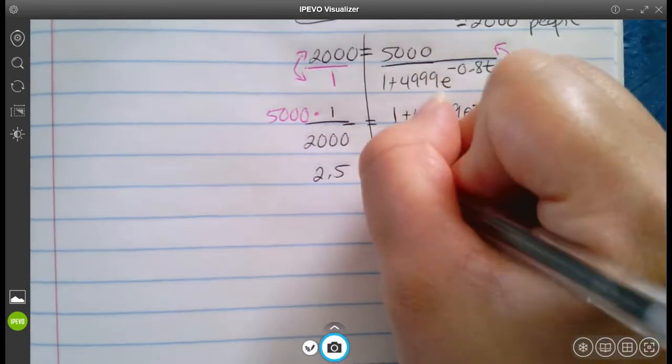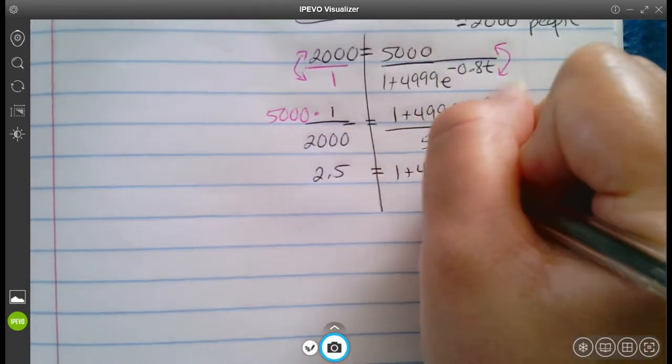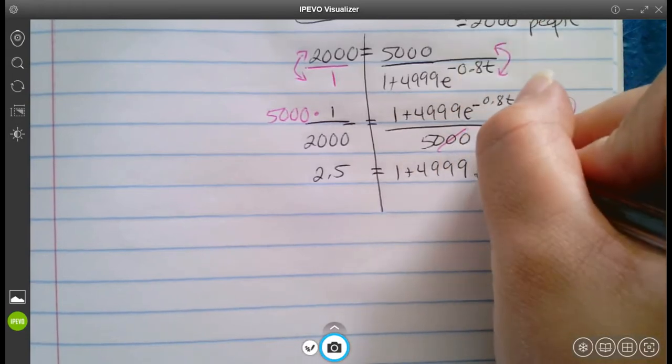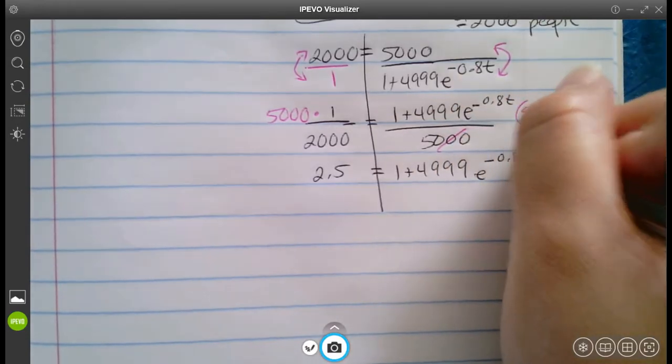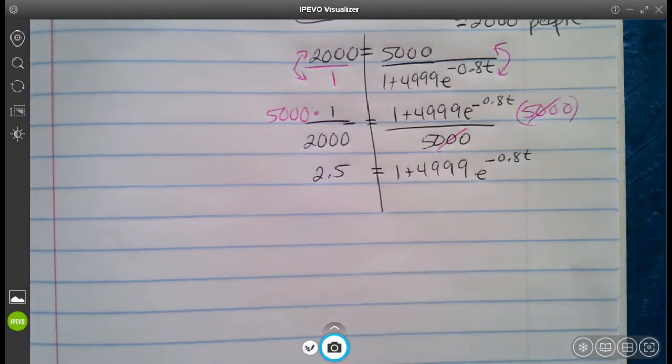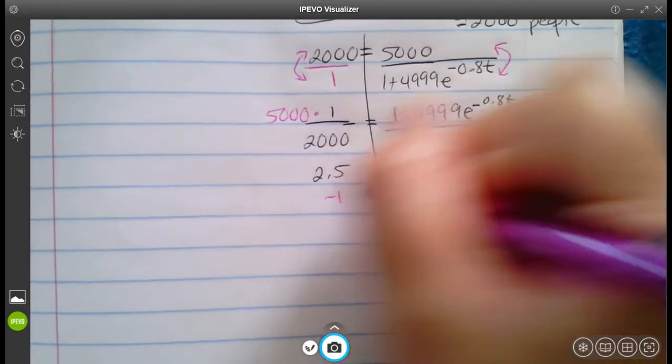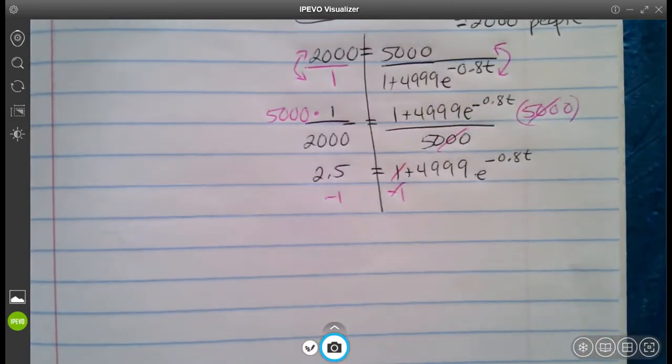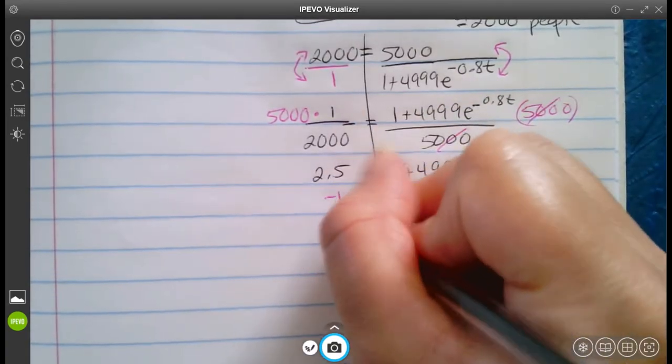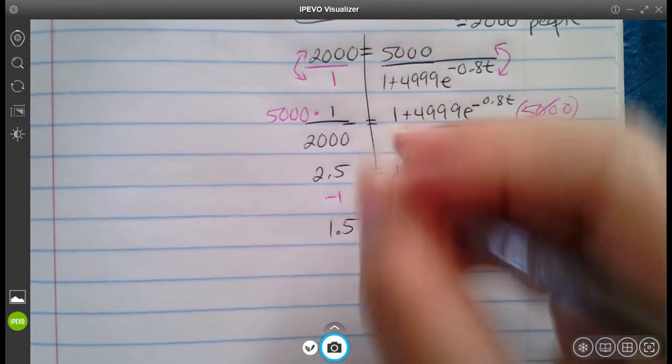Okay, and that gives me equal to all this. So 1 plus 4,999 e to the negative 0.8 t. Okay, next step, we're going to subtract 1, which gives me 1.5 is equal to all this.